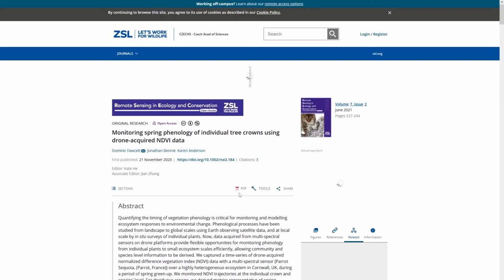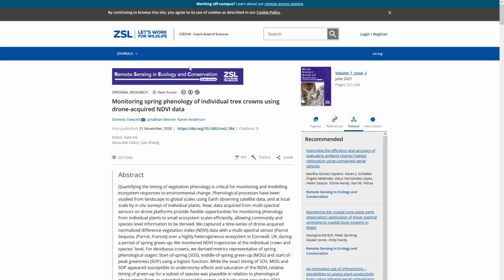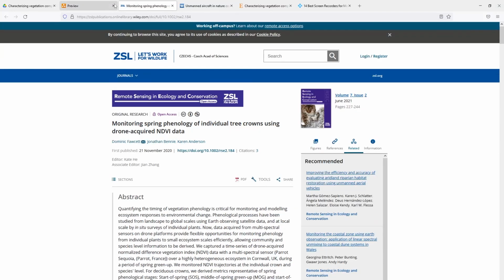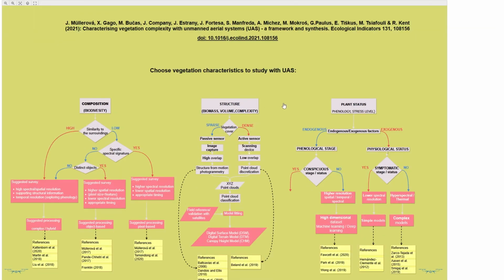Okay, here it is. This diagram is available both in the paper and also on the Harmonious website.